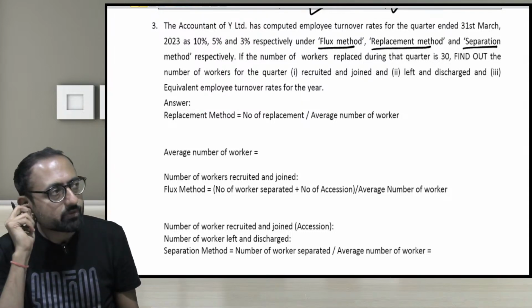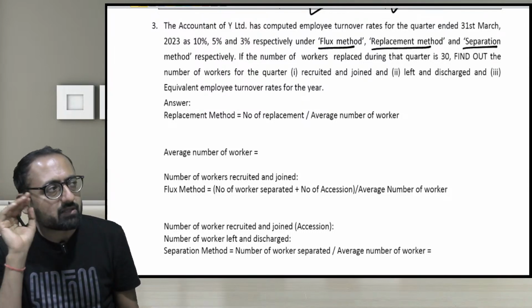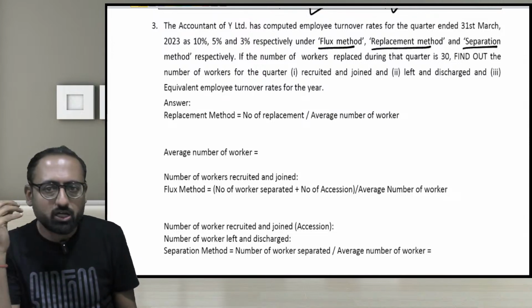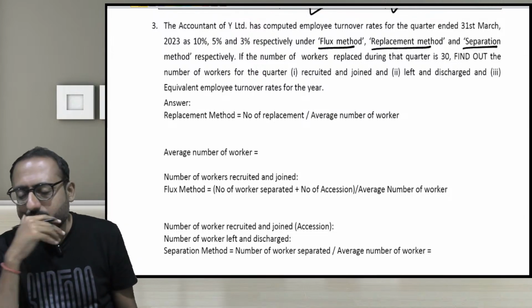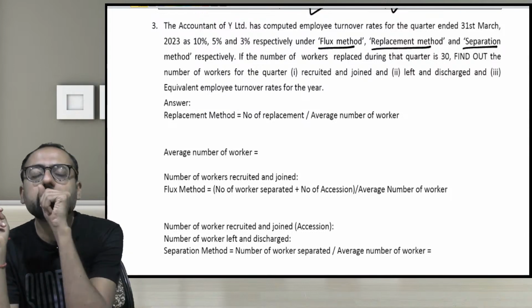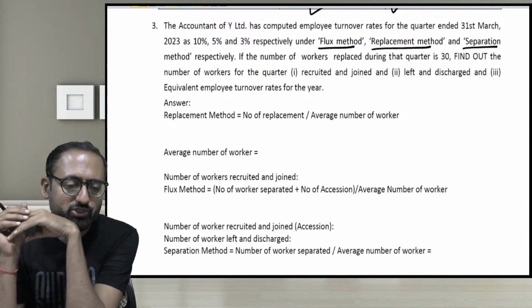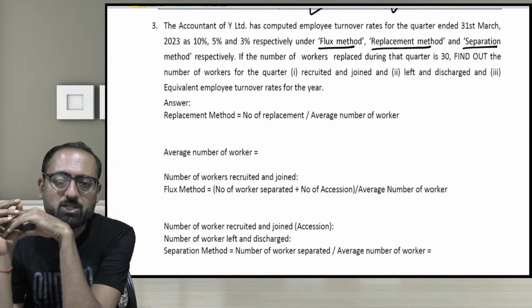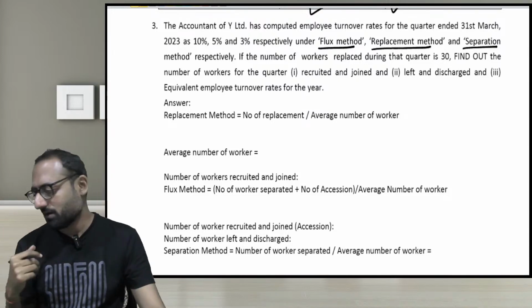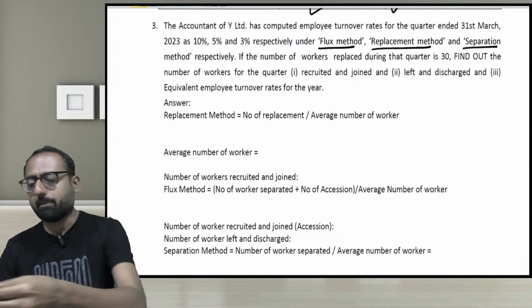The rate of flux method is given, rate of separation method is given, rate of replacement method is given. Now you'll have to check and give me the answer quickly whether in this question new recruitment for expansion is there or not. I'll wait for your reply.